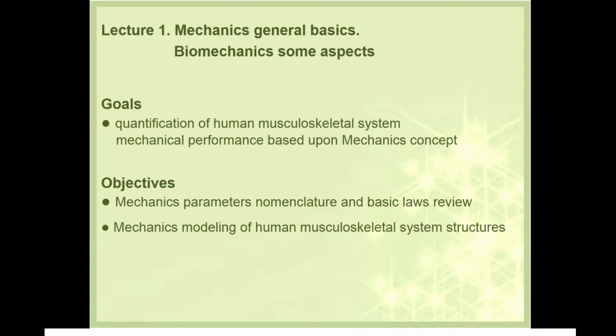Particularly today, the goal is to quantify the human musculoskeletal system mechanical performance, and we will base upon mechanics concept. Objectives: number 1, mechanics parameters, nomenclature, and basic laws review. And then mechanics modeling of human musculoskeletal system structures.